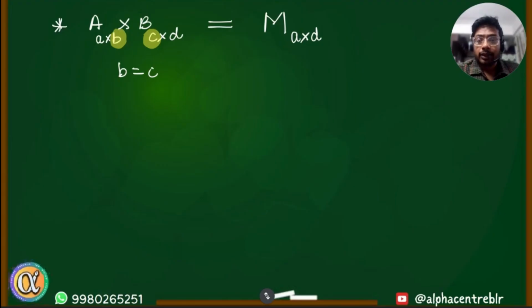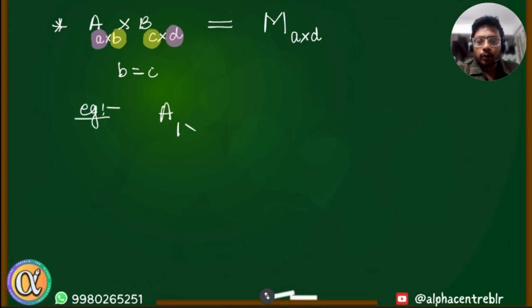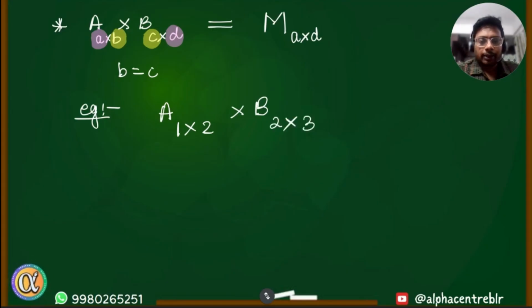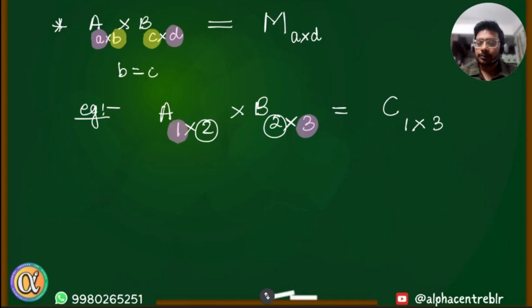Given that the first condition is satisfied, the order of the final matrix would be A into D. For example, if we are multiplying a matrix A having order 1 into 2 with another matrix B having order 2 into 3, they can multiply because the column of A is the same as the row of B. What is the order of this final matrix C? 1 into 3. 1 into 3 means rows of A into columns of B.